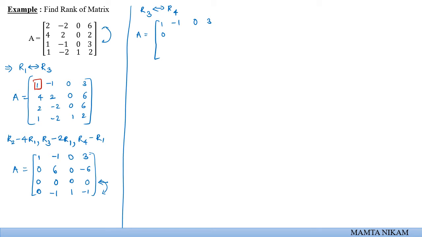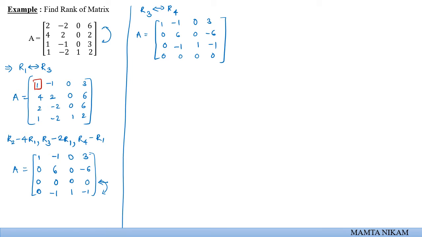So if you observe now here, the third row totally turns out to be a 0 row. So what we do, we will bring this to the last. We will interchange the third and fourth row. So next transformation we will perform is interchanging third and fourth row. So this new matrix will now be 1 minus 1 0 3, 0 6 0 minus 6, 0 0 0 0, sorry, the fourth row comes up to the third, so 0 minus 1 1 minus 1, and the last row will be the 0 row.